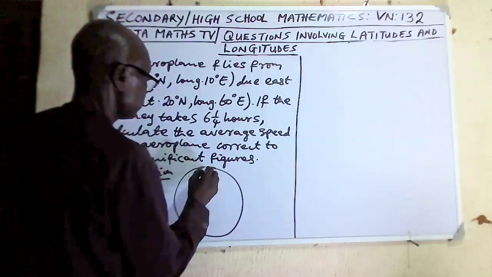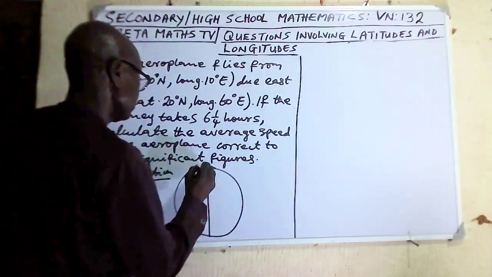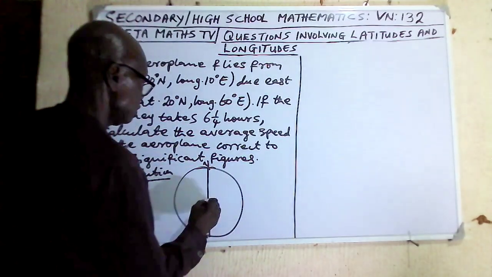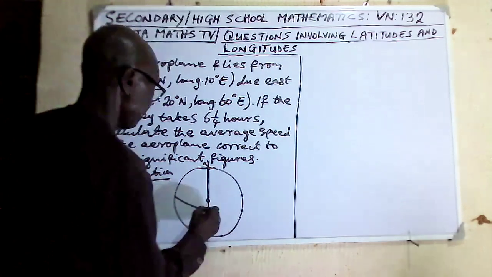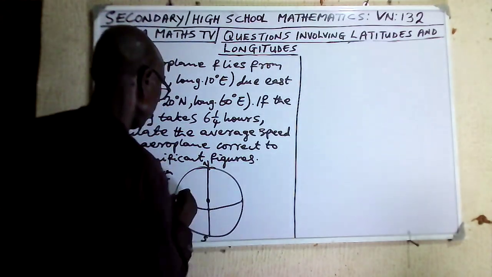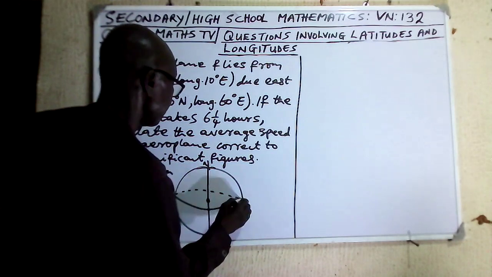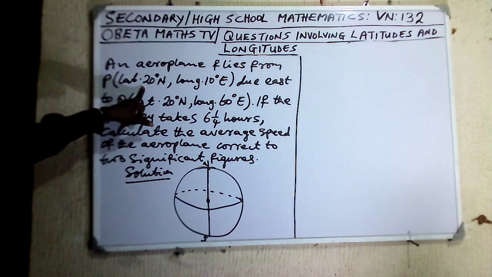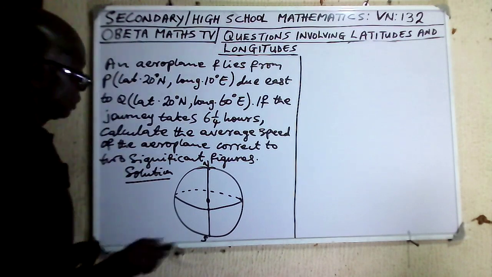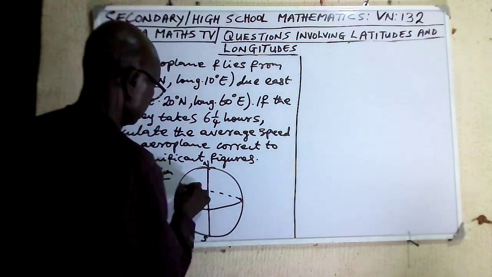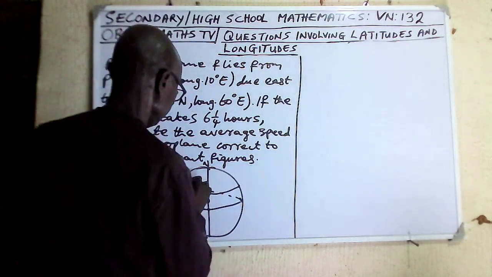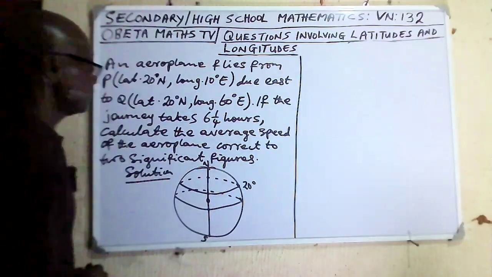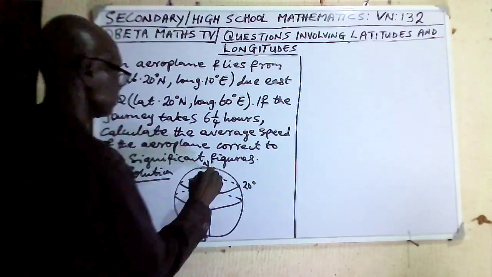So we have this. This is our north and south. This is the center. So we are now going to locate the points, 20 degrees north, 10 degrees east. So let's use this to represent our 20 degrees north. Then 10 degrees east.